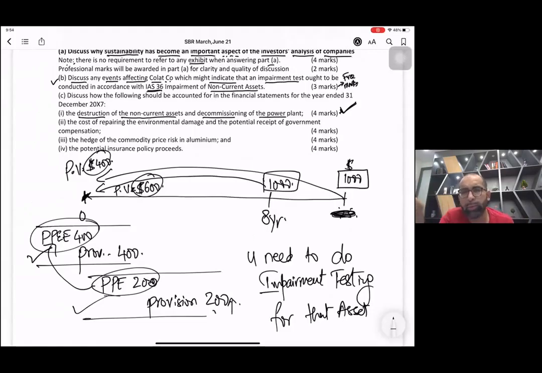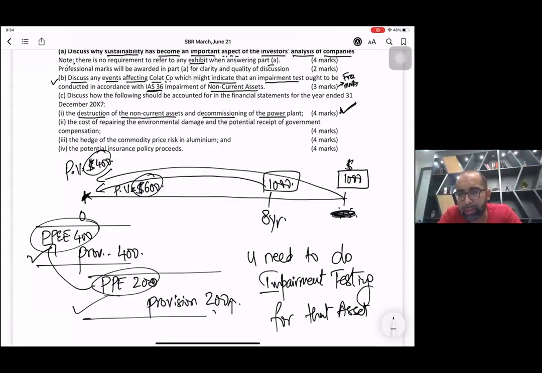Obviously you need to write it in theory. First of all, write off the 250. No need to do any impairment testing because the asset is destroyed. The manufacturing facility is destroyed, nothing will come out, so no value in use and no fair value less cost to sell. P&L debit and asset credit.